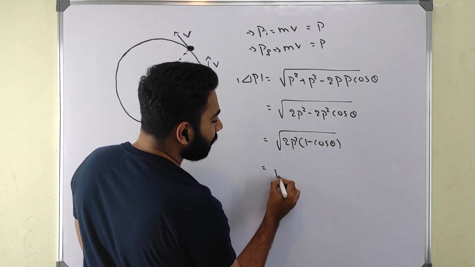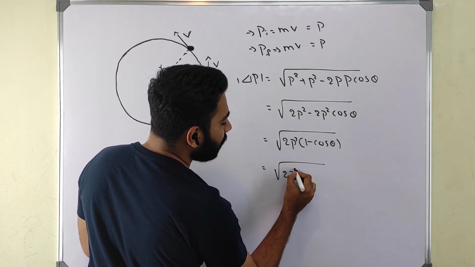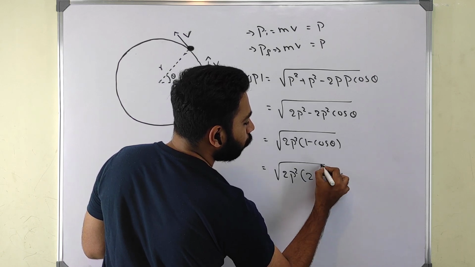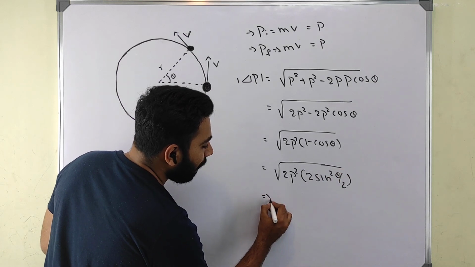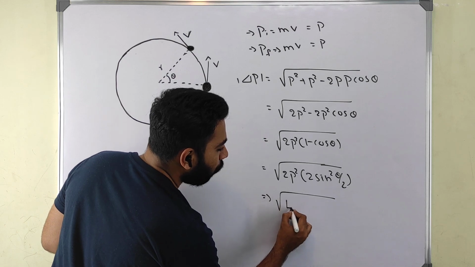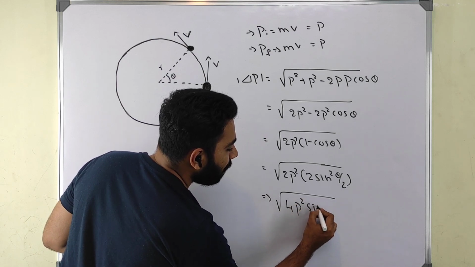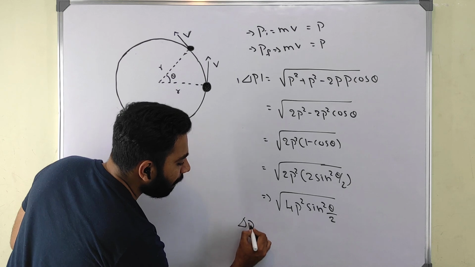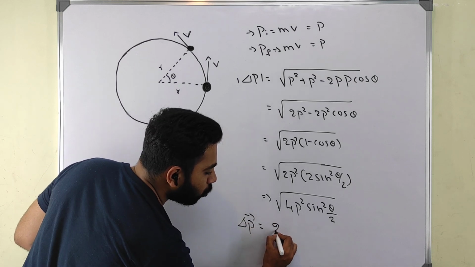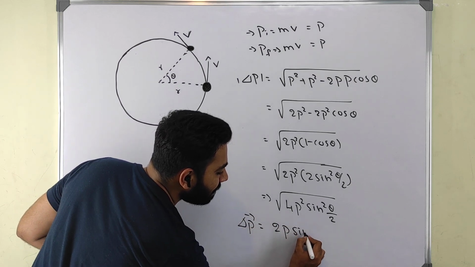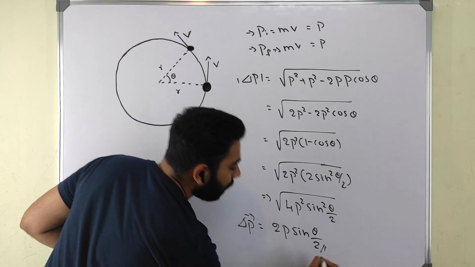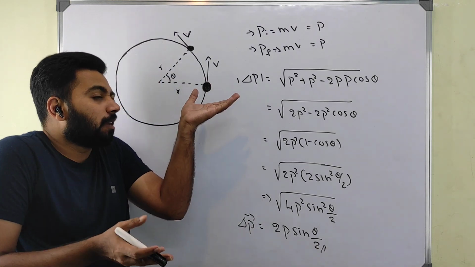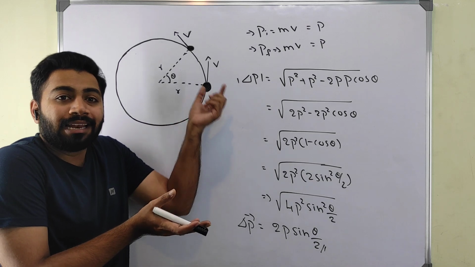Now 1 minus cos theta is equal to 2 sin square theta by 2. On multiplying, I get 4 p square sin square theta by 2. So the final expression for the change in momentum is 2 p sin theta by 2, when my particle is rotated by angle theta.